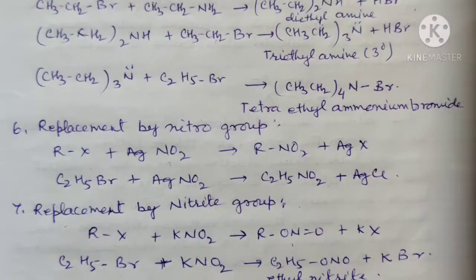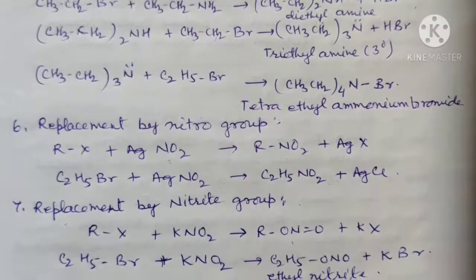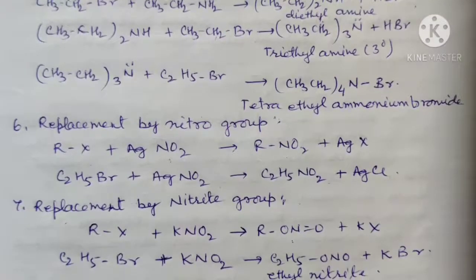The next is replacement by the nitrite group. On treating haloalkanes with potassium nitrite, alkyl nitrite is formed as a major product. It is due to the reason that the bond between potassium and oxygen is ionic in nature.